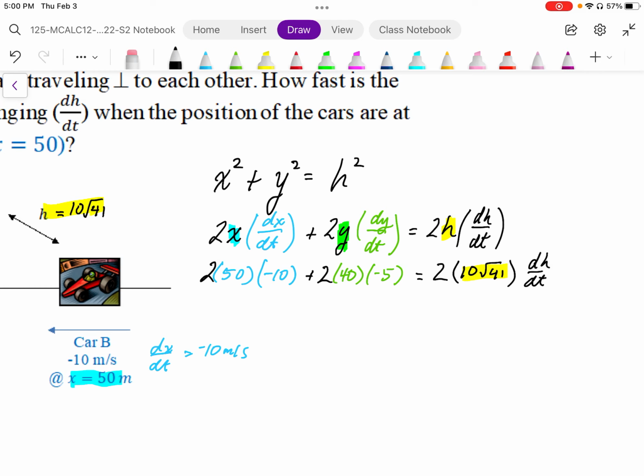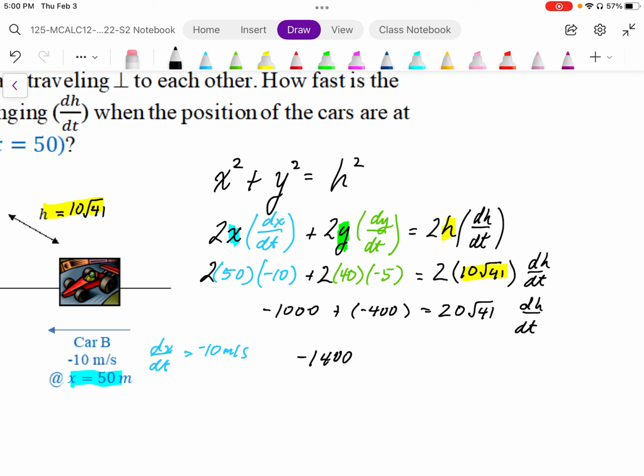So then I'm just going to simplify all this. So I get 2 times 50 times negative 10, that's negative 1,000, plus 2 times 40 is 80 times negative 5 is negative 400. This becomes 20 root 41 times dh by dt, and then I can just solve algebraically for dh by dt.